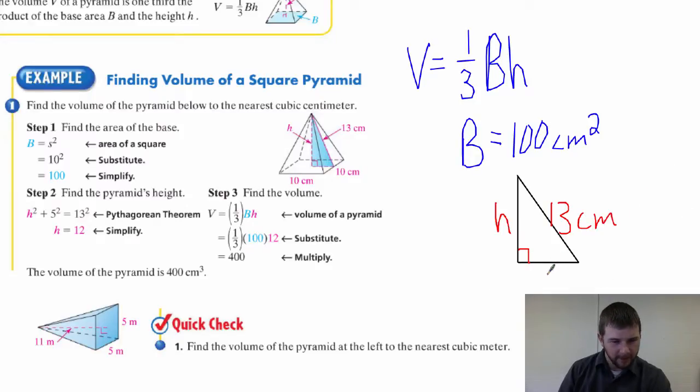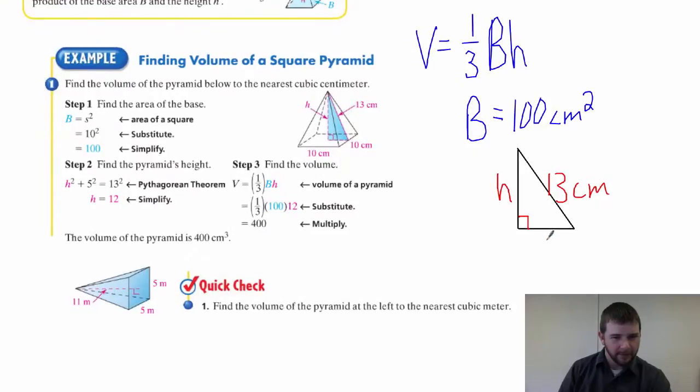And then the other leg, well, we know that the full length across the base is 10 centimeters, and our right triangle would be exactly half of that, so 5 centimeters. Now we use the Pythagorean theorem to solve for h. Recall, in a right triangle, the lengths of each leg squared added together equals the hypotenuse length squared.